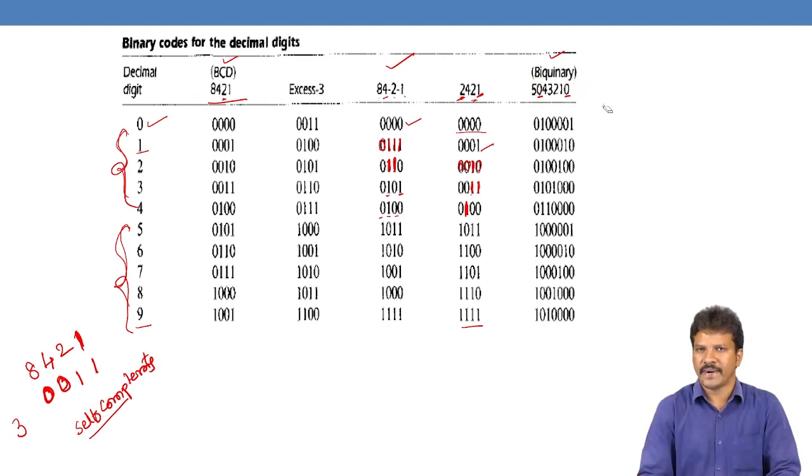If you see, to represent the decimal number 0, there are 2 zeros, so under the corresponding 2 zeros we can make these ones. So 0 1, 4 zeros, 1 to represent 0. And 1 we can represent: here already we have 1, so under 1 we can make this one.